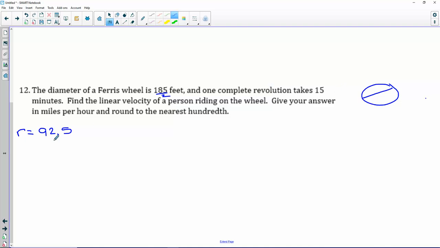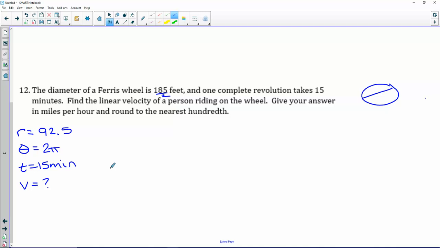What does a revolution mean? But we always want to go to radians, so that would be 2 pi. So anytime I'm talking about a revolution, that's our angle. It's telling us we go all the way around. And that takes 15 minutes. My time is 15 minutes. Find the linear velocity. Give your answer in miles per hour.